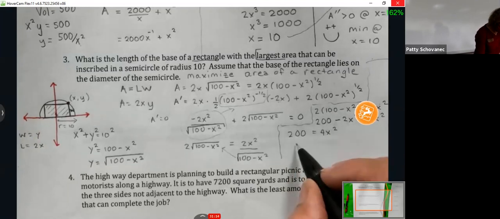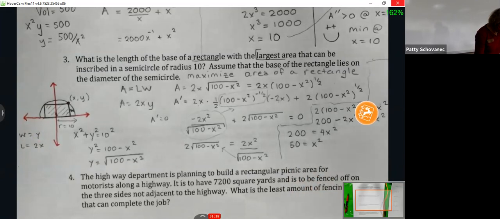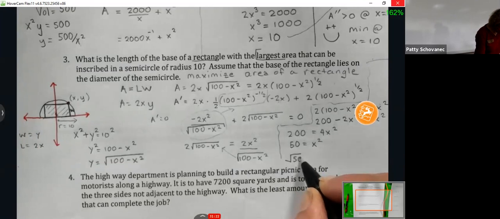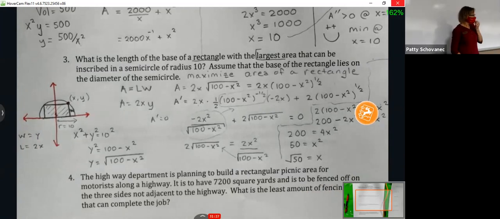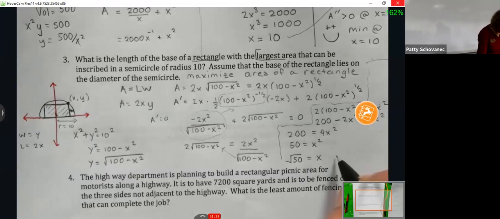Let's get rid of the 4. 4 times 50 is 200. And now take the square root of both sides, and x is a length, so we just need the positive square root. 50 is 2 times 25, so I can write the square root of 50 as 5 square root of 2.